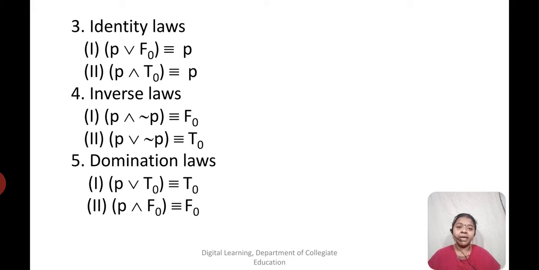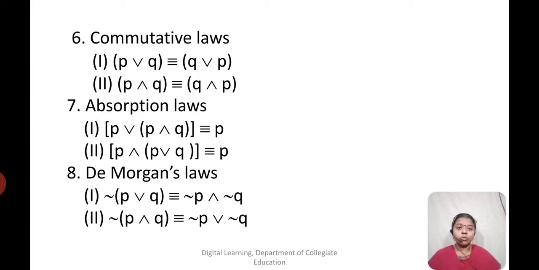When we take P and T naught, we are going to get P itself. Next is inverse laws. P and negation P will become F naught. P or negation P will become T naught. Next is domination laws. So P or T naught. Here the dominating part is tautology. So the final answer is going to be T naught. P and F naught will be logically equivalent to F naught.